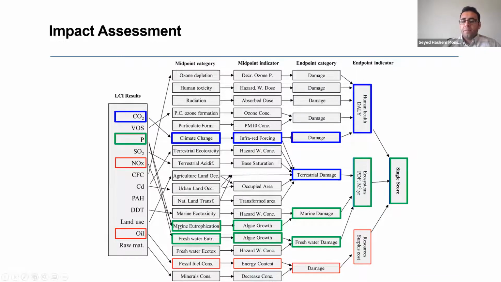Phosphorus, for example, can cause marine and freshwater eutrophication. In midpoint indicator, it can cause algae growth and then damage to the ecosystem. For other types of emissions, we have different midpoint categories and indicators that can be estimated through life cycle assessment.